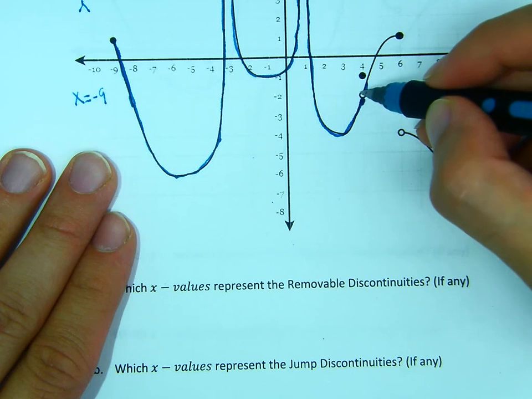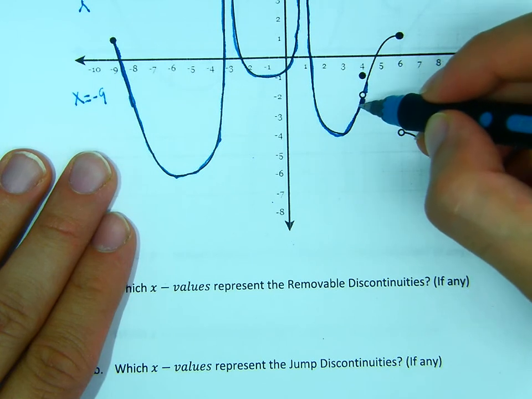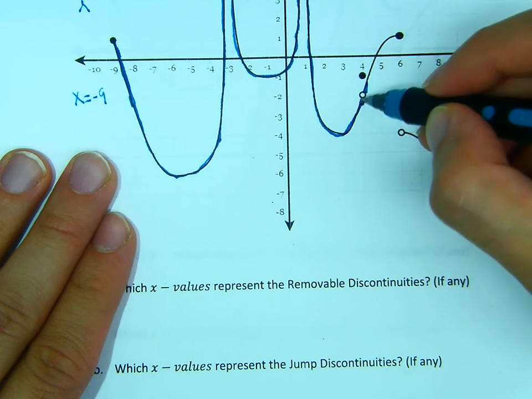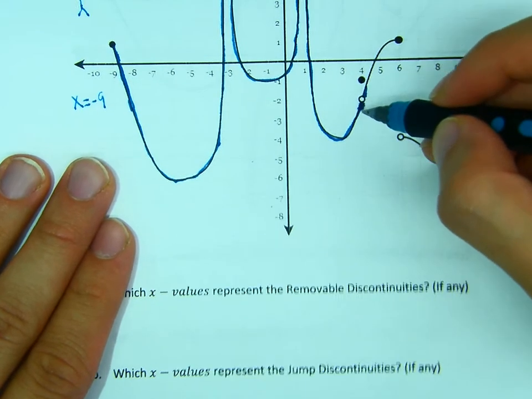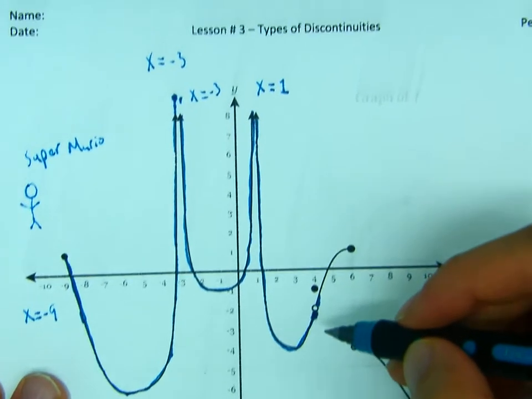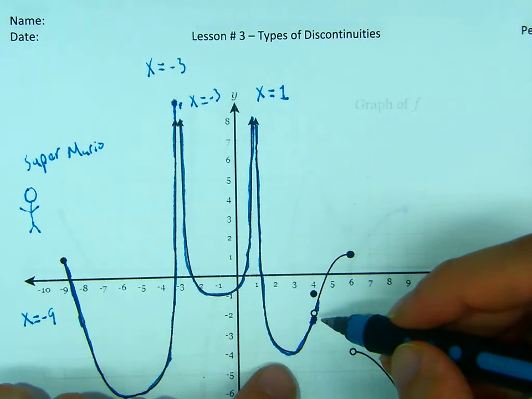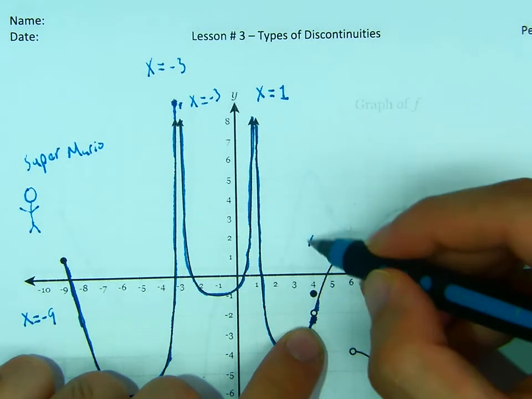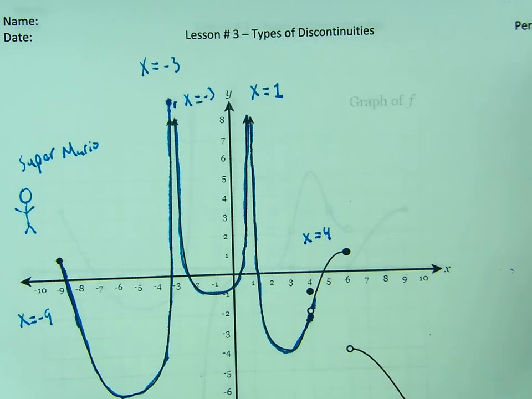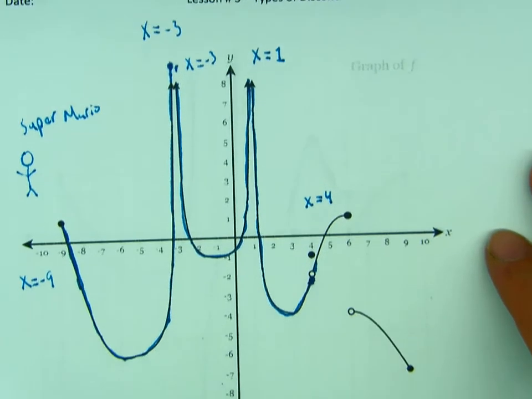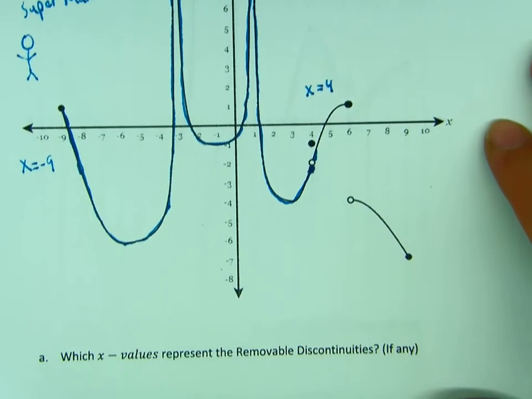But he can't jump to this hole. What did we do to go from here to here? We had to pick up the pen. And the question I ask is, what type of discontinuity just occurred at x equals 4? Pause the video and look at your notes and see what type of discontinuity occurred. So let's say you're coming back to the video.